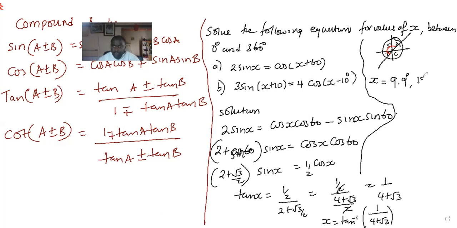The second angle will be 180 plus 9.9 degrees, so x is 9.9 degrees and 189.9 degrees. And those are the only answers, because 0 to 360 means 1 revolution.